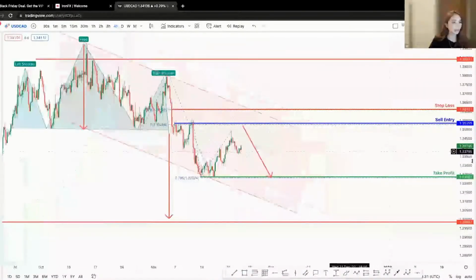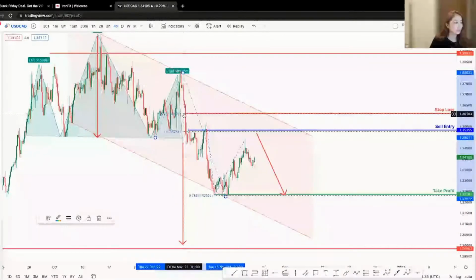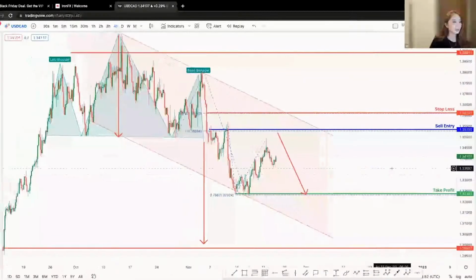So we are looking at using Fibonacci projection. We're looking at 127.2% as a stop loss entry, as a stop loss entry at 1.36131. All right, so this is what we are looking at.